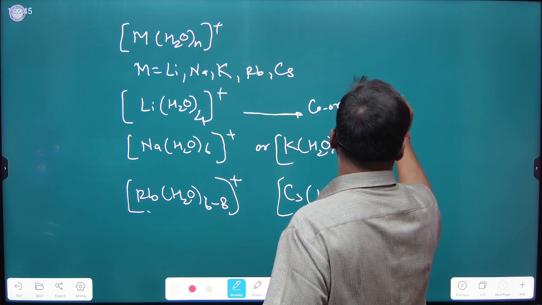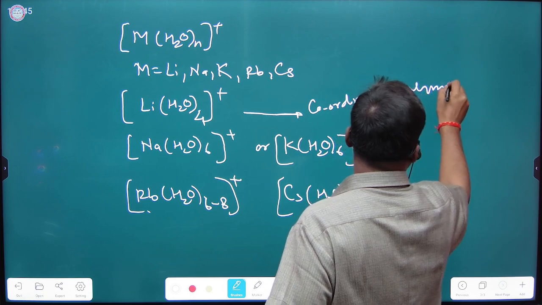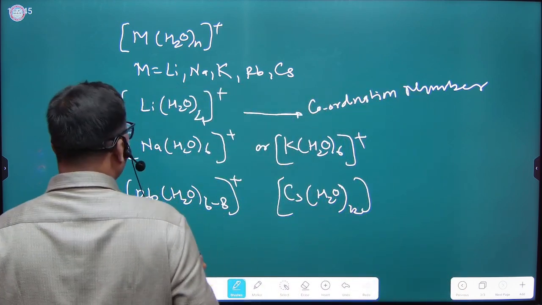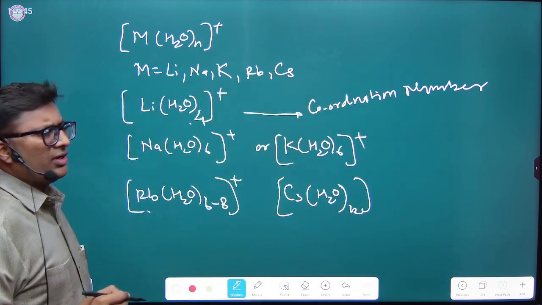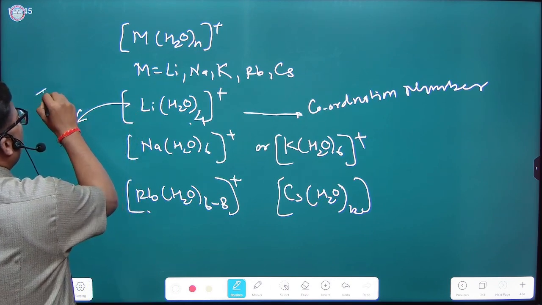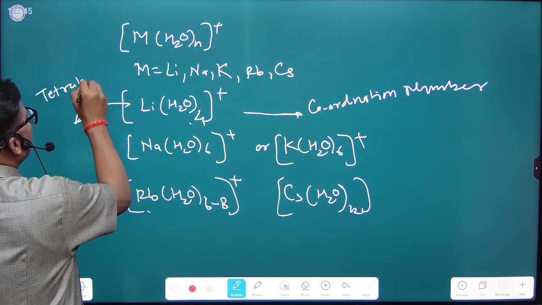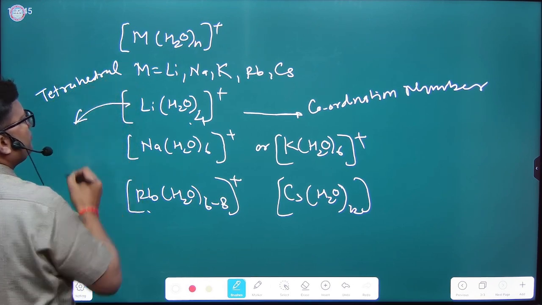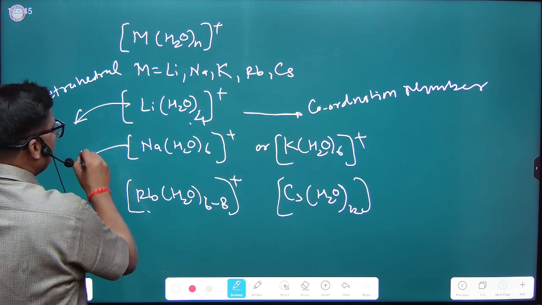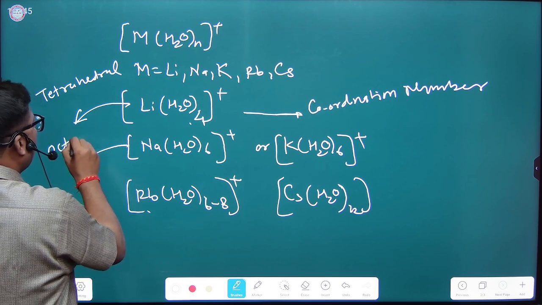Coordination number. If the coordination number is 4, then the geometry is tetrahedral. If the coordination number is 6, then the geometry is octahedral.